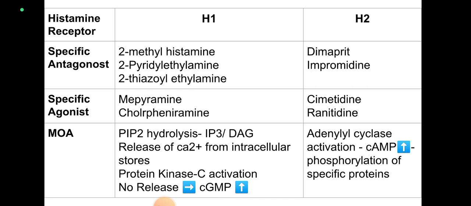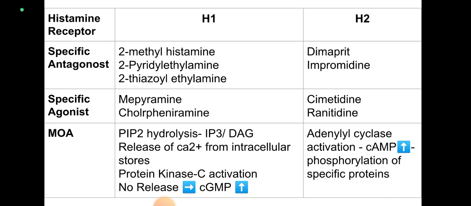The specific agonists for H1 are 2-methylhistamine, 2-pyridyl ethylamine, and 2-thiazole ethylamine, and specific antagonists for it are imipramine and chlorpheniramine. The mechanism of action for the H1 receptor is that PIP2 hydrolysis leads to IP3 and DAG and release of Ca2+ ions from intracellular stores.